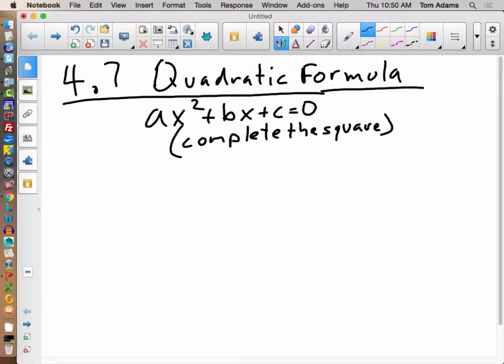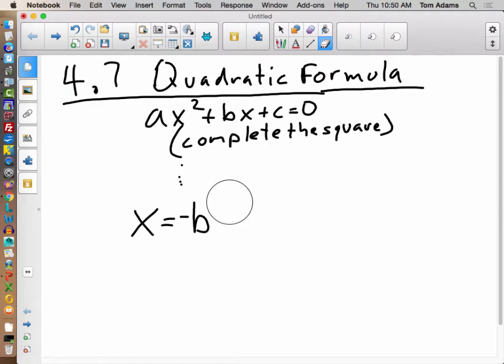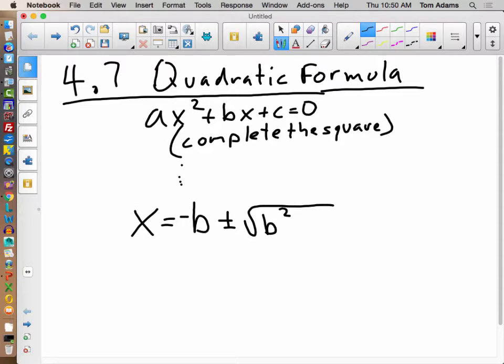What we end up with, and then we solve for x, we can actually get this, which is negative b, not negative b squared. It's negative b plus or minus the square root of b squared minus 4ac over 2a. So this is the quadratic formula.